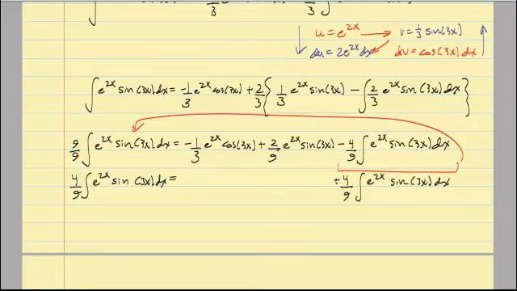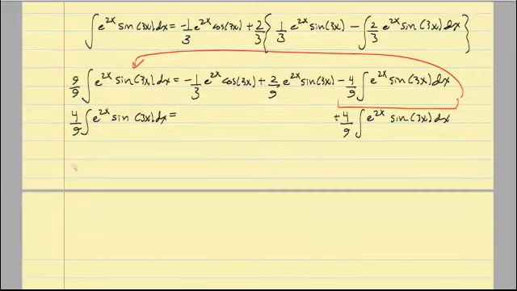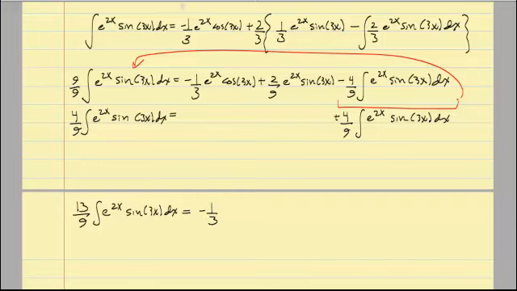We could look at it as 9/9 if we wanted. And combining those, we end up with 13/9 of these integrals, e to the 2x sine of 3x dx. And then on the right-hand side, we are left with all of these pieces right here. So that's what we're left with on the right-hand side.